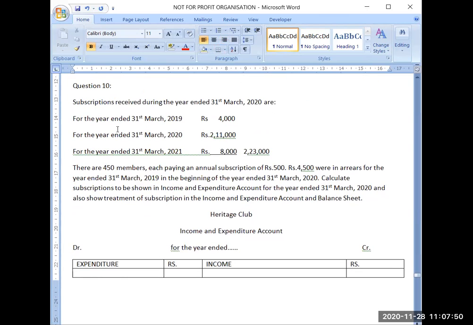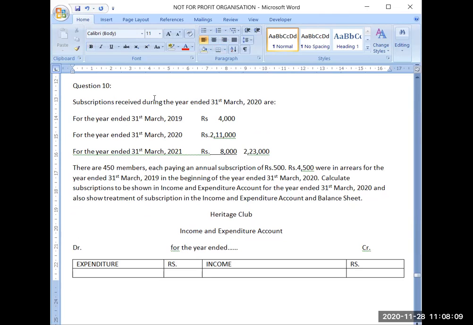It is saying subscription received during the year ended 31st March 2020 are. So again, you have received this subscription in the year 1920. So 1920 will be your current year. Then 1819 will be your previous year, and 2021 will be your next year.